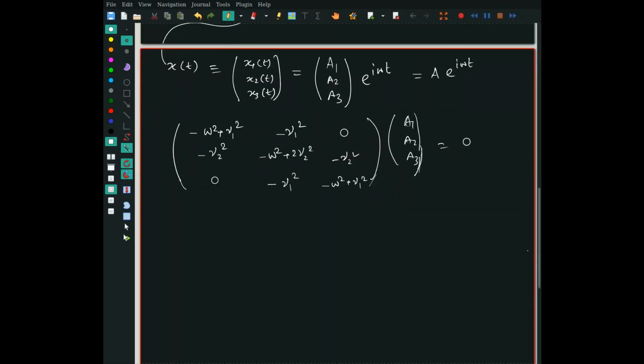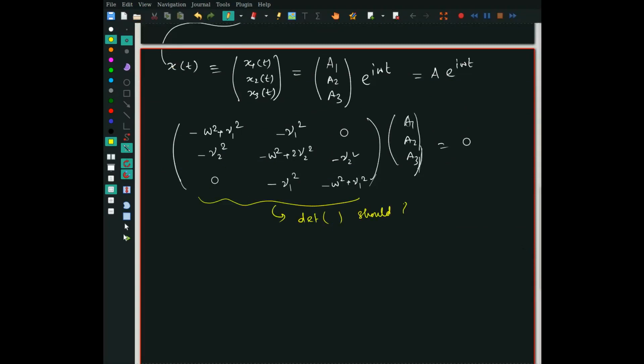So for a non-trivial solution for a1, a2, and a3, you will just say the determinant of this matrix should be 0. Now, if you do that, from that you find the roots of omega.